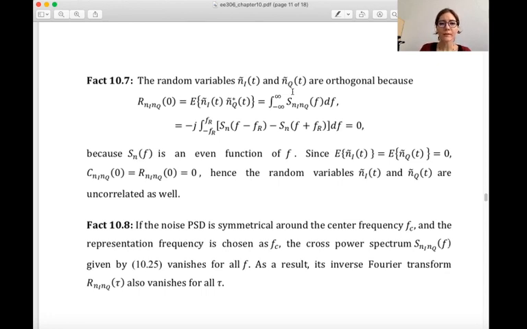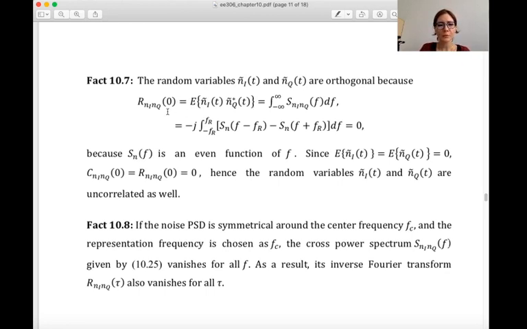What does orthogonality mean again for random variables? It means that you look at their product. If they were complex, one would get the conjugate sign, and you look at the expectation of the product. If you have x and y, two random variables, the expectation of x times y conjugate would be their inner product. So to show that they're orthogonal, we should show that this inner product, interpreted in the mathematical way, is equal to 0.